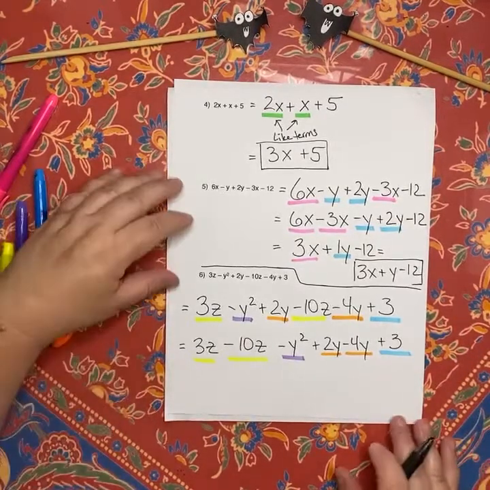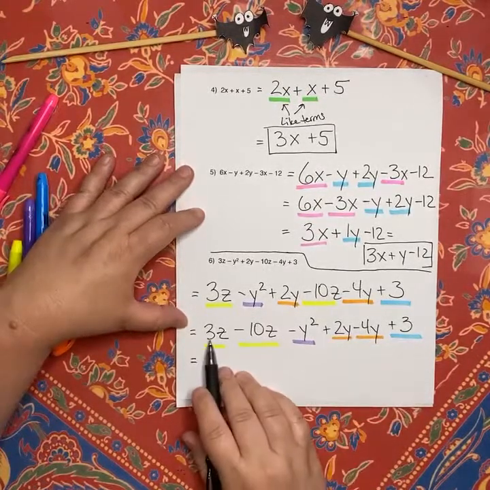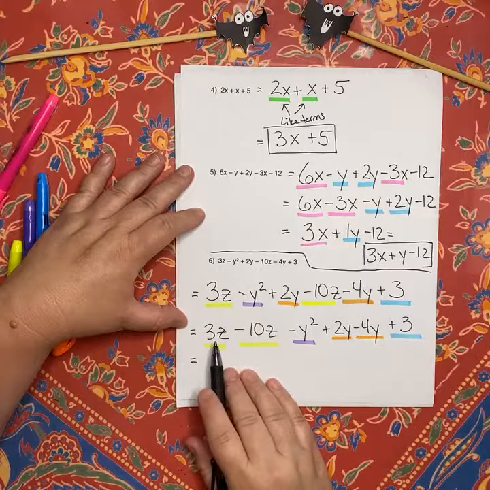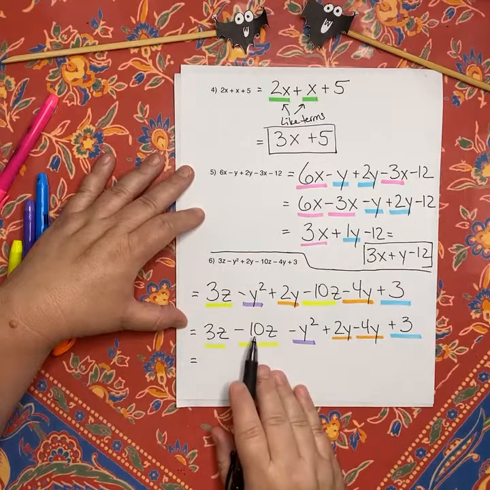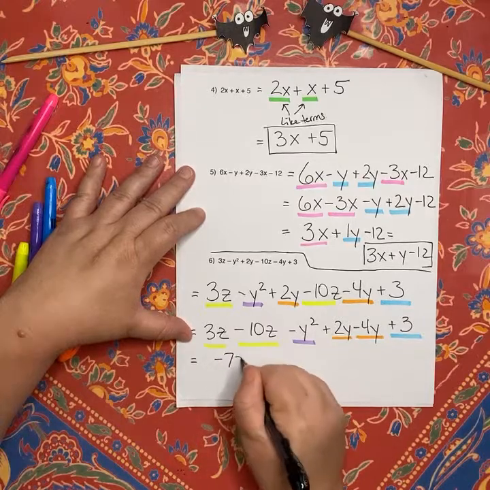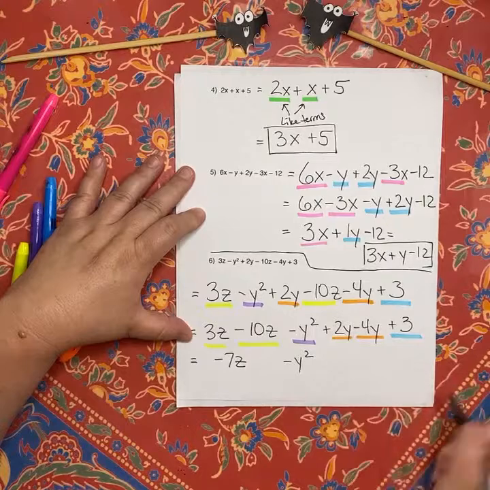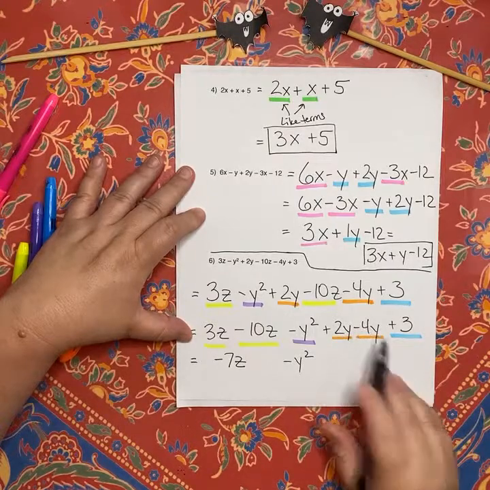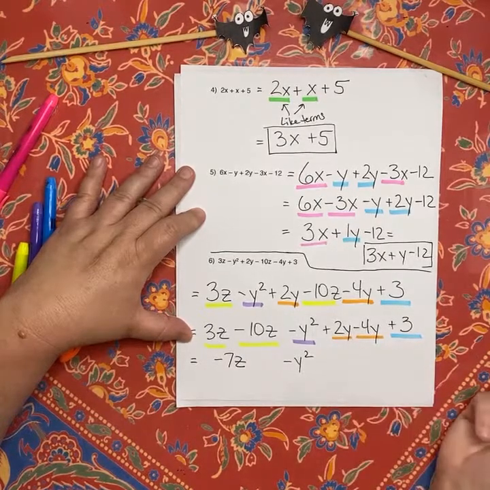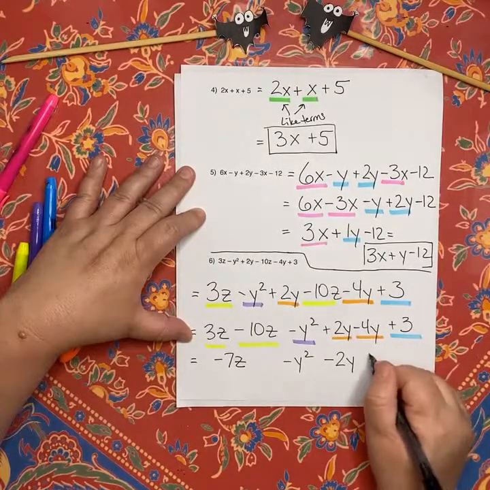Don't leave one out. Okay, so let's combine. 3z minus, so I had $3 and I spent $10, which means I owe someone $7, 7z. The minus y squared just hangs out. 2y minus 4y, I had 2, I spent 4, that's a minus 2y, plus 3.